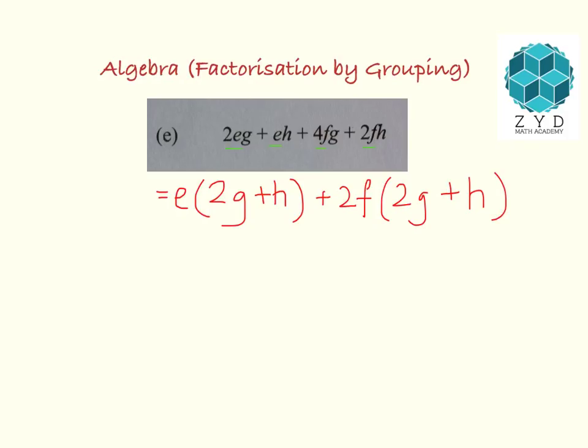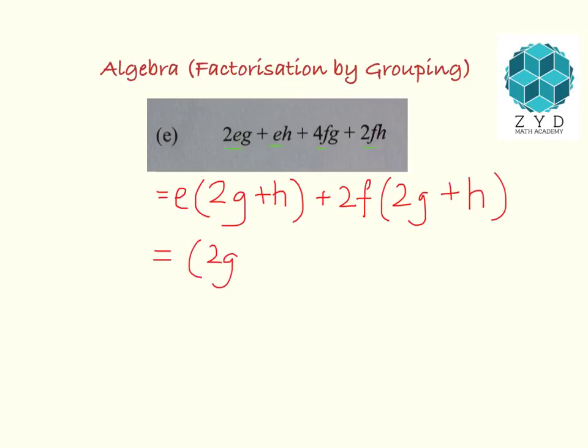Okay, let's pause here for a while because I want you to see this. We have 2G plus H and 2G plus H inside both brackets. So this is now the common factor. It is the group, so we are going to combine them to become this.